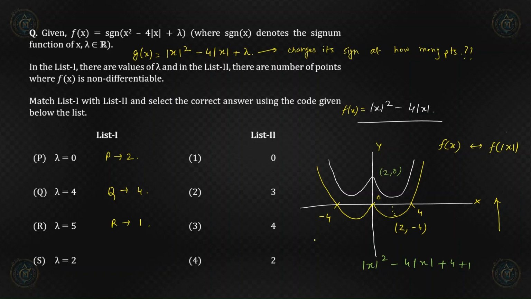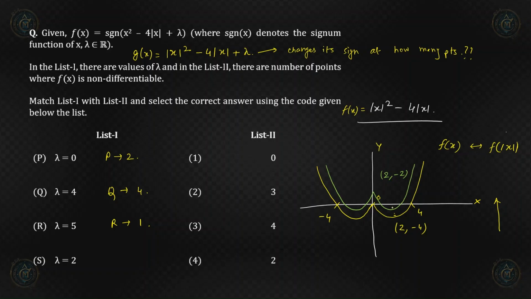Then for lambda equal to 2, let us redraw the graph. So this was the original graph, right? Mod of x square minus 4 mod x. We shift it in the positive y direction by 2 units, like this. Let us redraw this because this is incorrect. So actually this point will also shift, right?